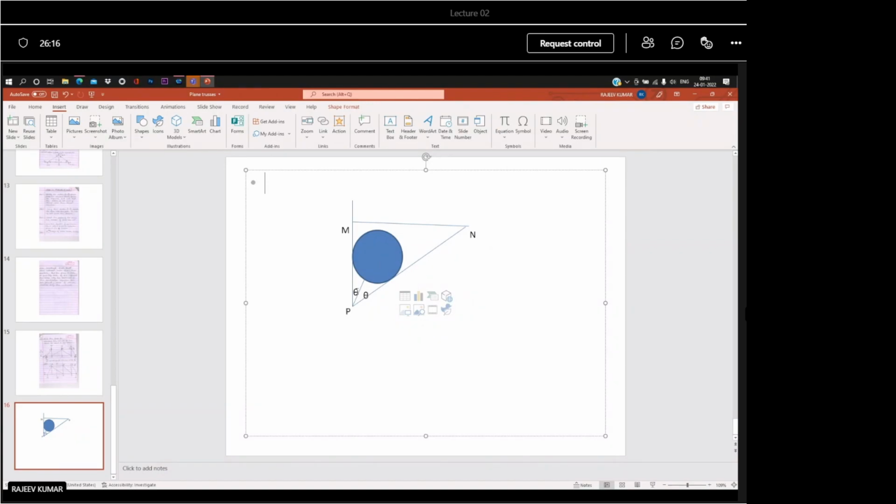The radius is 18 centimeter. Calculate PJ and PM.